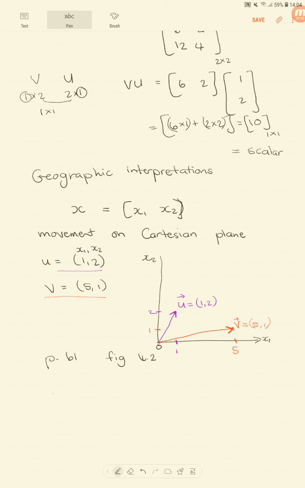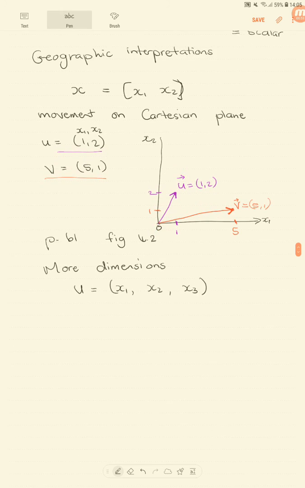What's also useful is we can add more dimensions with vectors. So for example, u equal to x1, x2, x3. In this case, it's a three-dimensional movement. And you can see an example of this on page 64, figure 4.3.